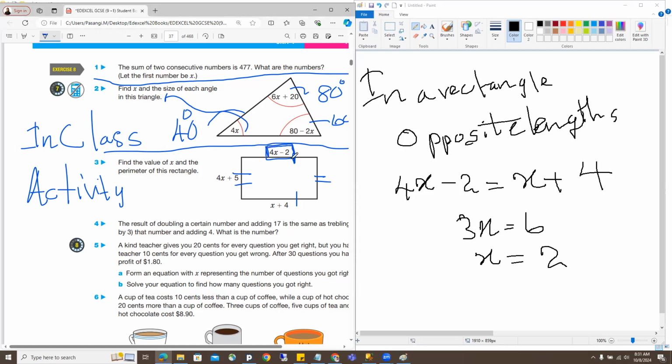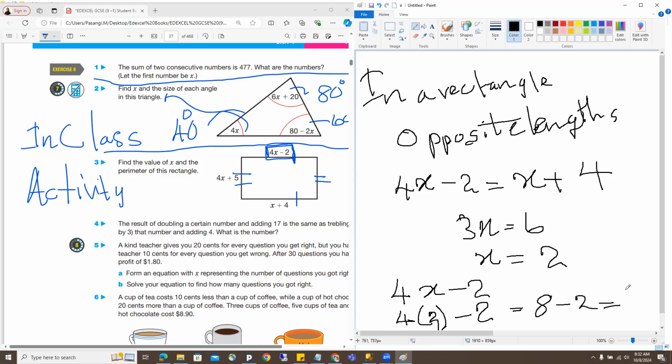So 4x minus 2 means what is the value? 4x minus 2, when x is equal to 2, you can substitute 2 instead of this x. 4 times 2, 8. 8 minus 2, that is 6.